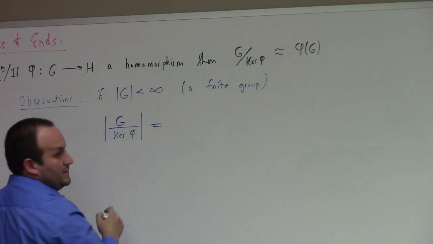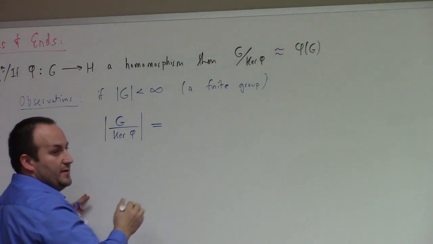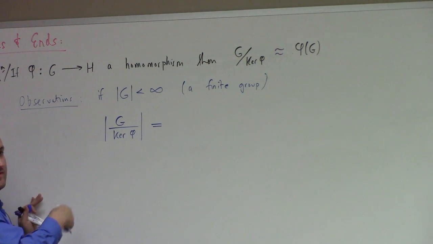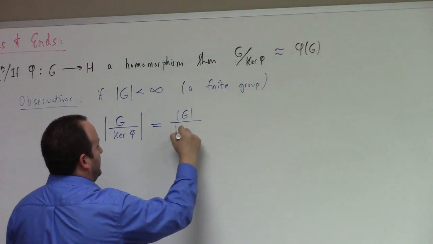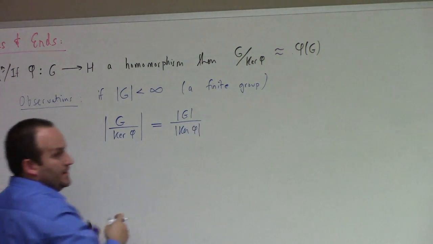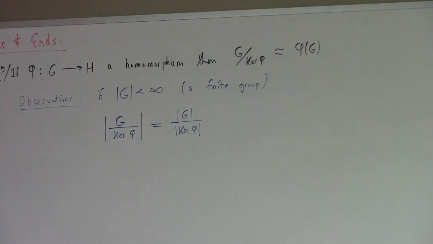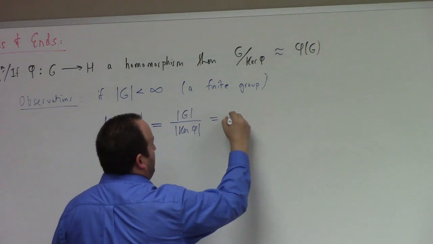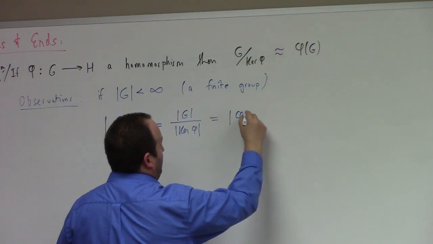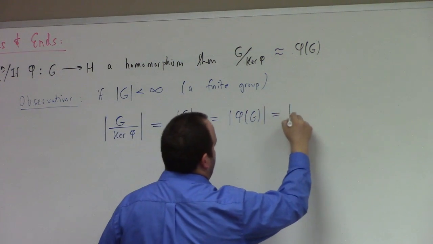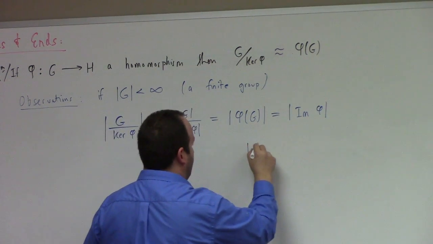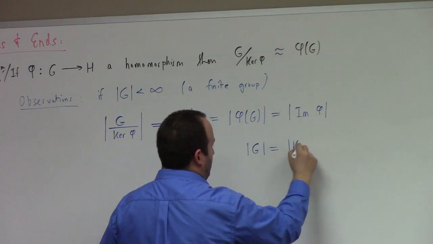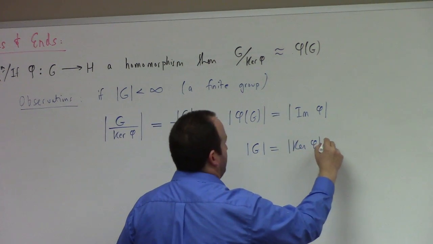Remember, the number of kernel phi cosets of G is the order of G divided by the size of the kernel, right? It's part of Lagrange's theorem, I suppose. And on the other hand, that's equal to the size of the image, the cardinality of the image of phi, if you like. So we have this relation: the order of G is equal to the size of the kernel times the size of the image.